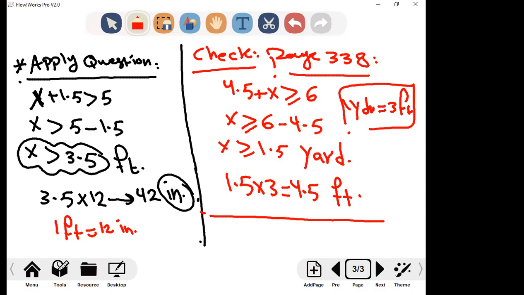I want you, while you are doing your homework, after you finish the homework, to see the table on page 341 and memorize these words. For example, "less than", see it? Next to it are the key words.